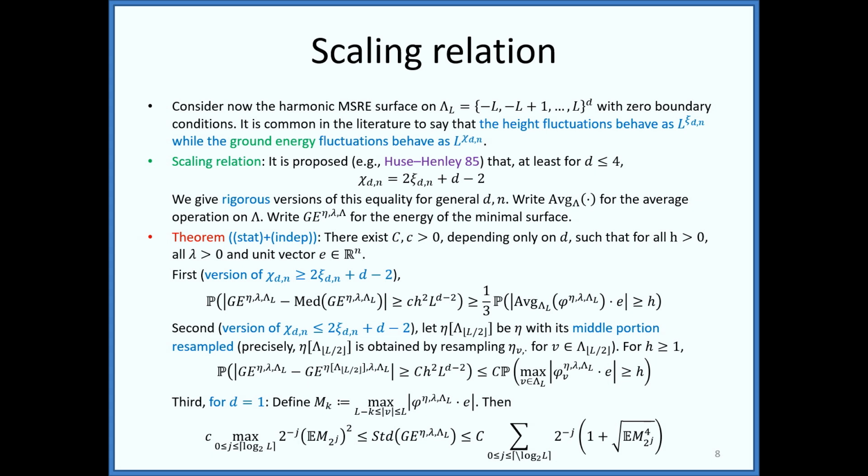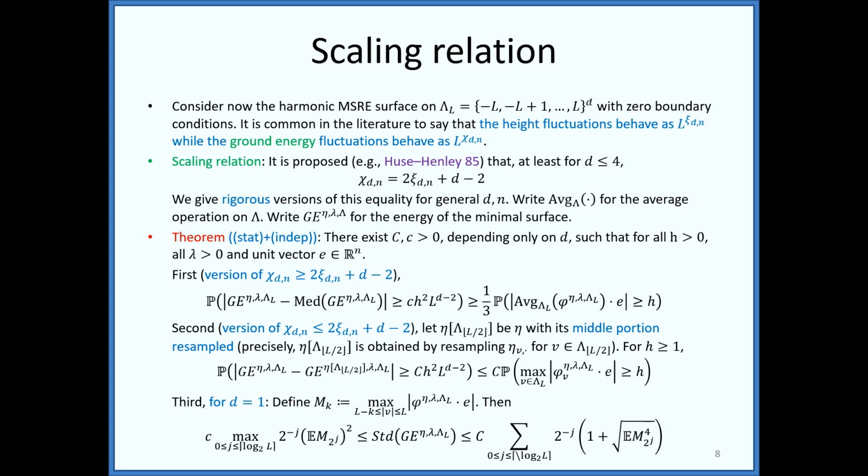So here what we're saying is that the energy fluctuations overall, when you resample the disorder everywhere, are bounded both above and below by the height fluctuations, but you have to take the height fluctuations according to the distance from the boundary. If you take the height fluctuation at distance k from the boundary, then you need to divide it by k. So how to explain?